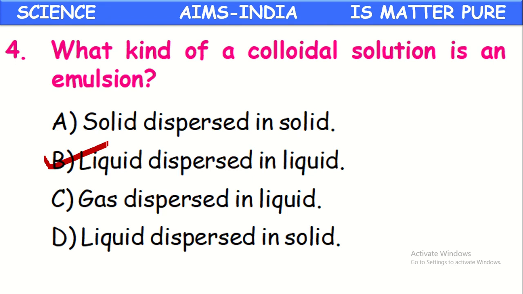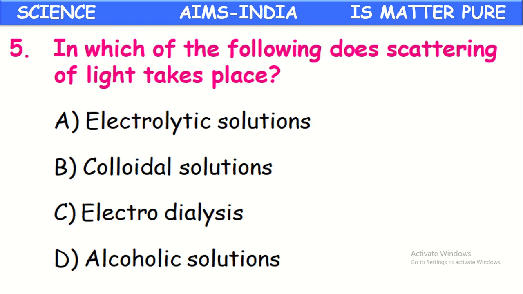Yes, exactly. Next, in which of the following does scattering of light take place? Generally, certain kinds of solutions which contain small particles of solid in them, like colloidal solutions, show scattering of light that we call the Tyndall effect. This Tyndall effect is shown in colloidal solutions.